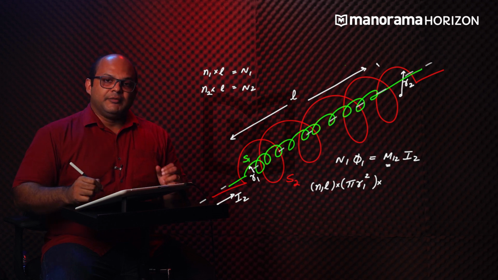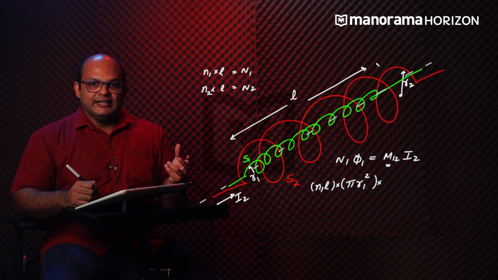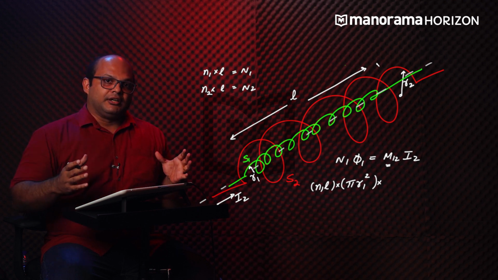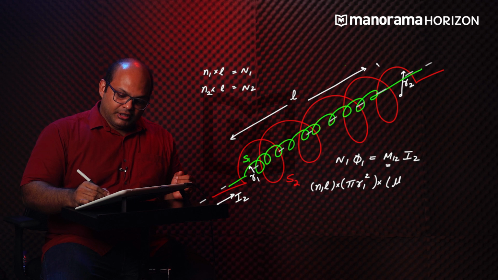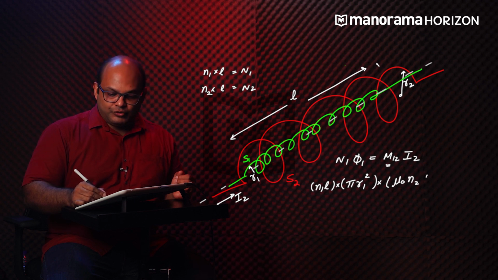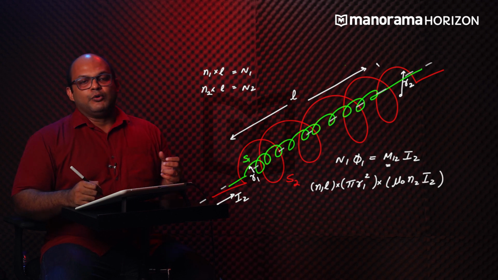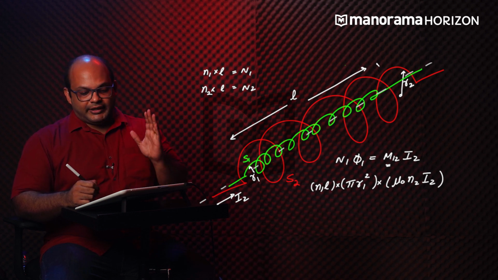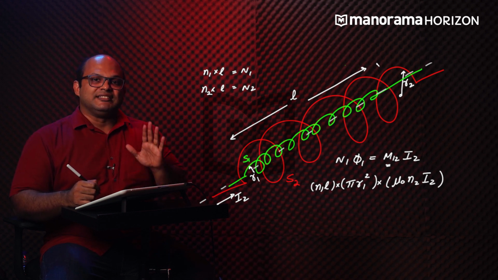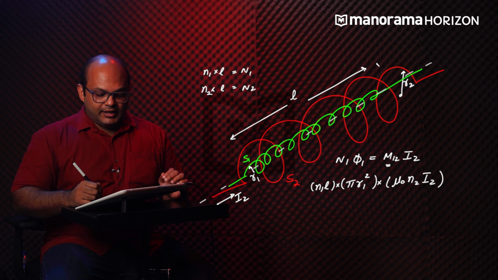And this in turn will be multiplied by the field generated by the larger conductor due to the current I2, which is given by the relation mu naught N2 I2, where mu naught is the permeability of free space, N2 is the number of turns per unit length for coil S2, and I2 is the current flowing through the outer coil S2.